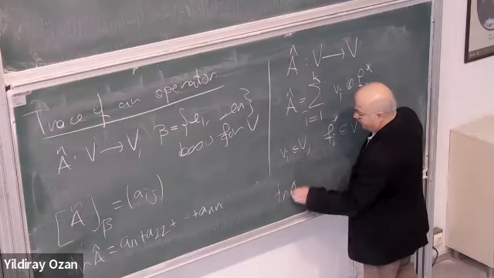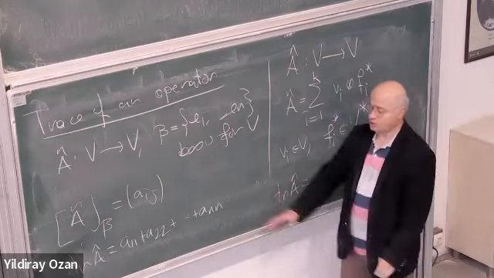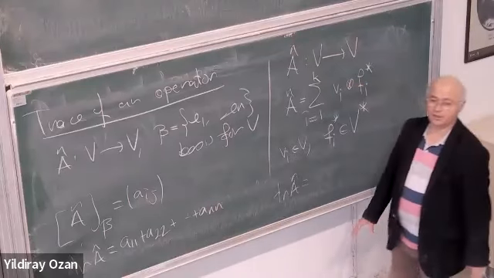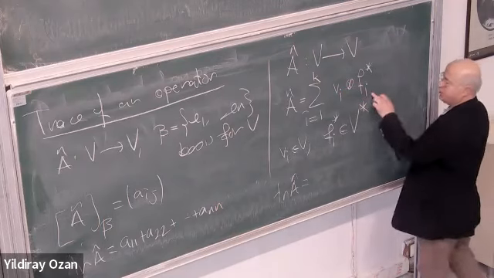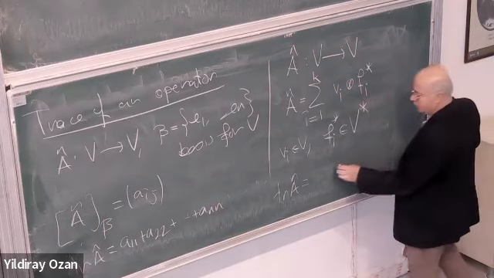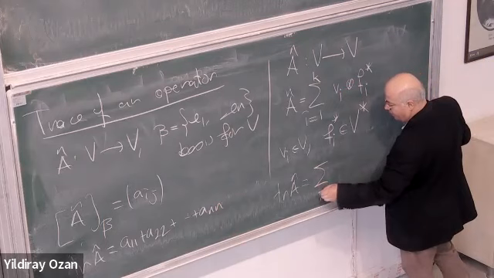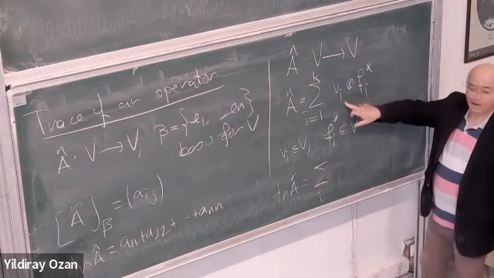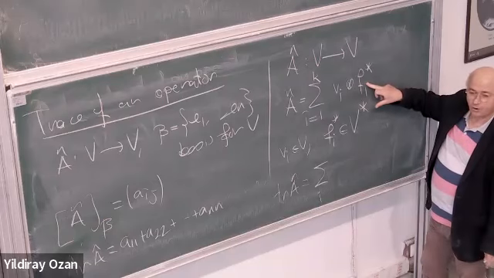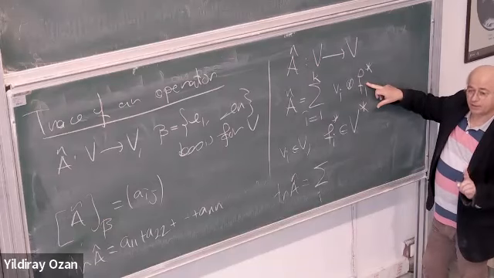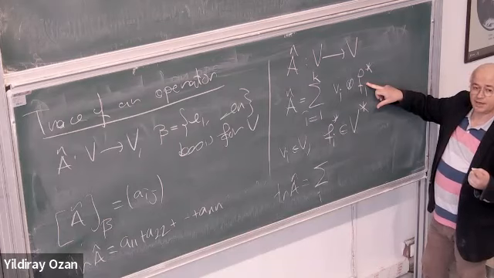The trace of A hat. Of course, it will be this expression if you write this in a basis, but if it is given in this form, it is also equal to the following sum. You know, these are vectors, these are covectors. So these are objects which eat vectors and give us scalars.